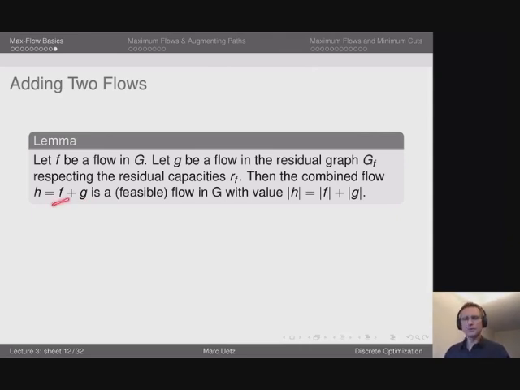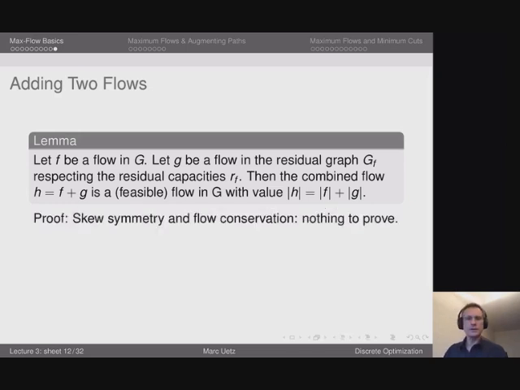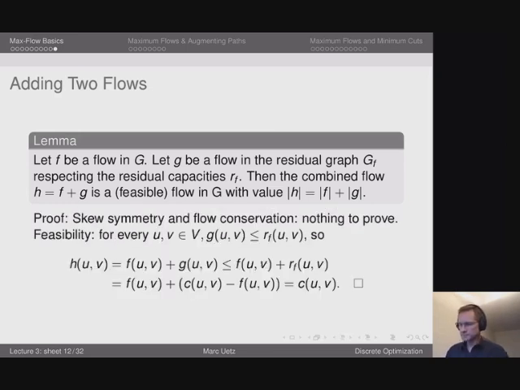And also F fulfills the flow conservation constraint for all the intermediate vertices except S and T, and G as well. And the sum, 0 plus 0, remains 0. So the sum of the two flows still will respect the flow conservation constraint. So the only thing that we have to think about is actually the capacity. So let's see how we can see that.